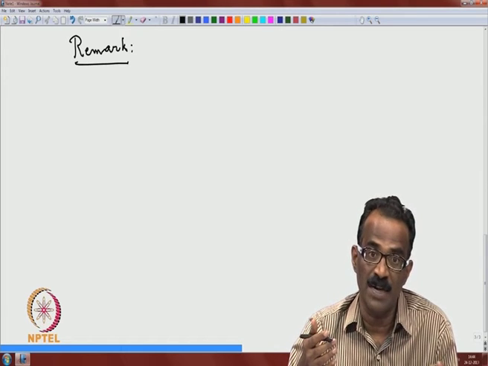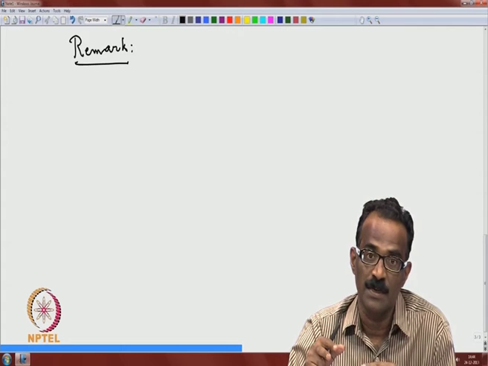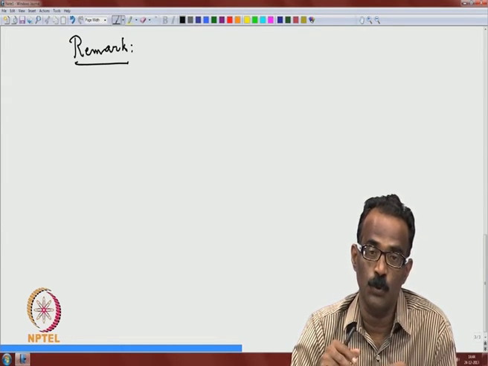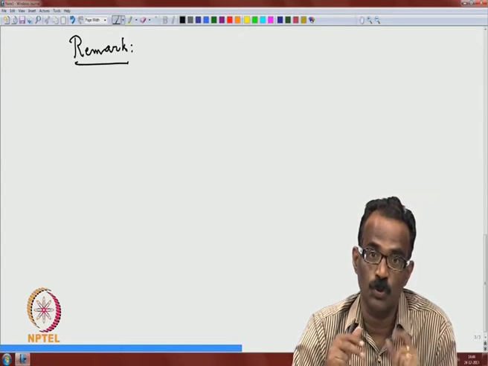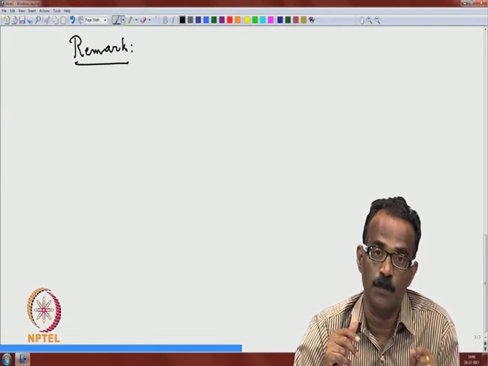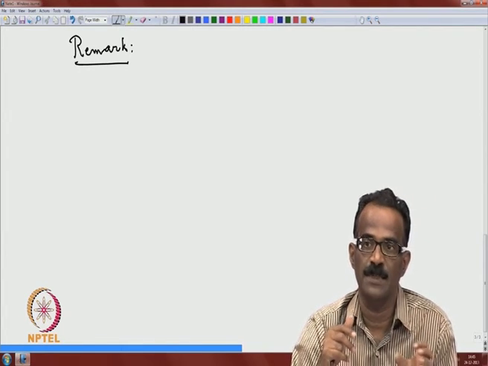And the first result says that if y1 and y2 are any functions in the solution set, the first part of the result, that alpha y1 plus beta y2 is also a solution, shows that the set is actually a linear subspace.